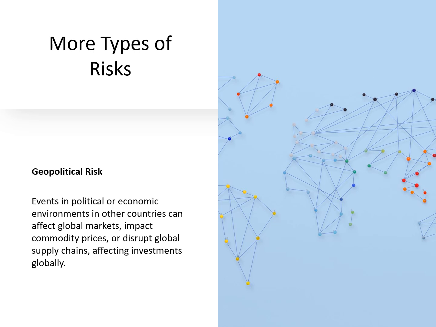Geopolitical risks, events in political or economic environments in other countries, can affect global markets, commodity prices, and disrupt global supply chains. So we are currently seeing that with the implementation of tariffs that the president is implementing and the retaliatory tariffs that other countries are implementing against the United States, and how that increases the cost of doing business.